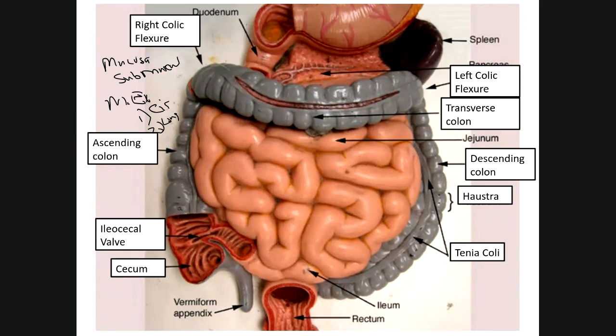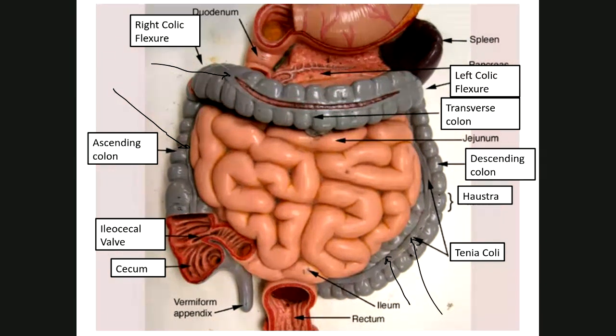But the longitudinal layer is only in these little tiny bands. So you can see these bands right here. There are 3 of these. These bands are just the reduced longitudinal layer of the muscle. Well, they have their own name.